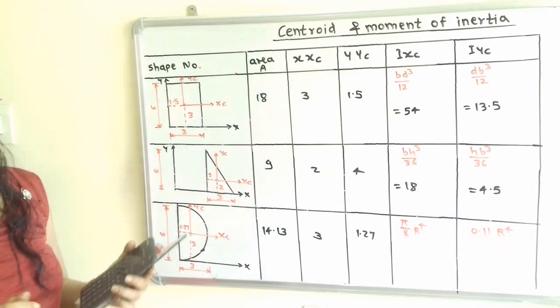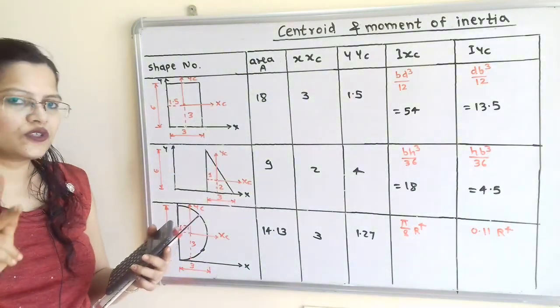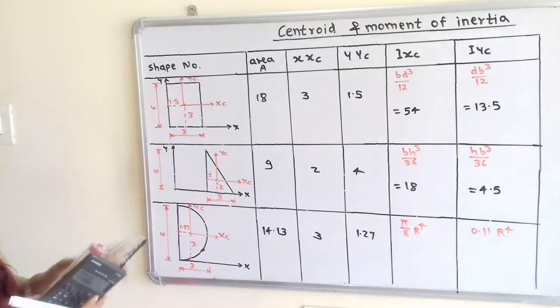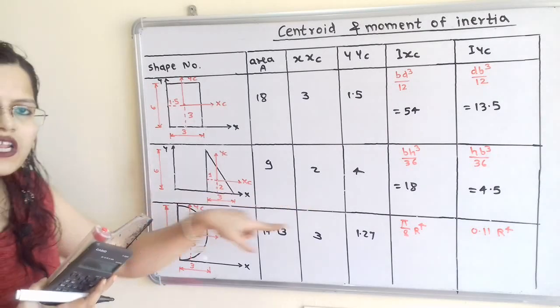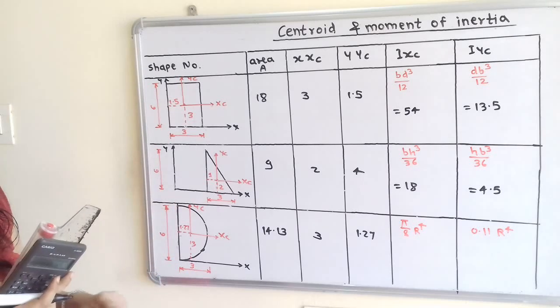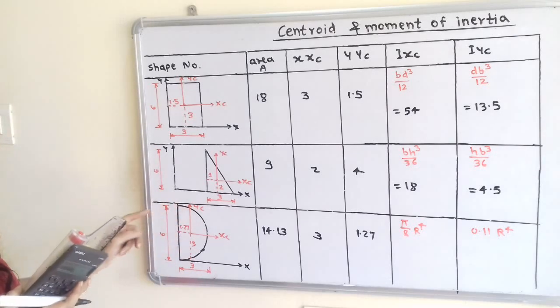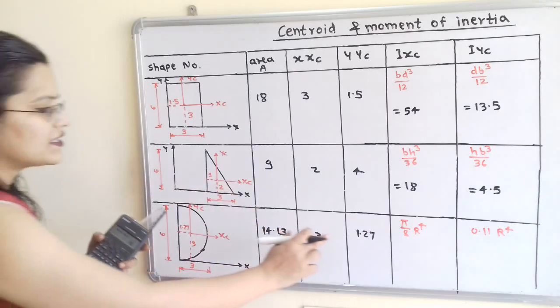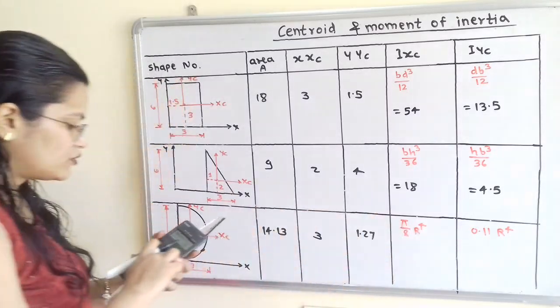Now for the semicircle, there are two types of semicircle. One semicircle has a horizontal line as a base and the other has a vertical line as a base. So this is the second type of semicircle. Here Ixc is pi by 8 r raised to 4.